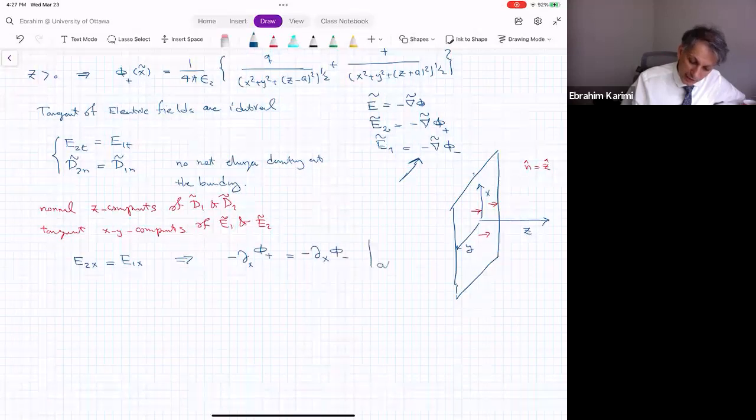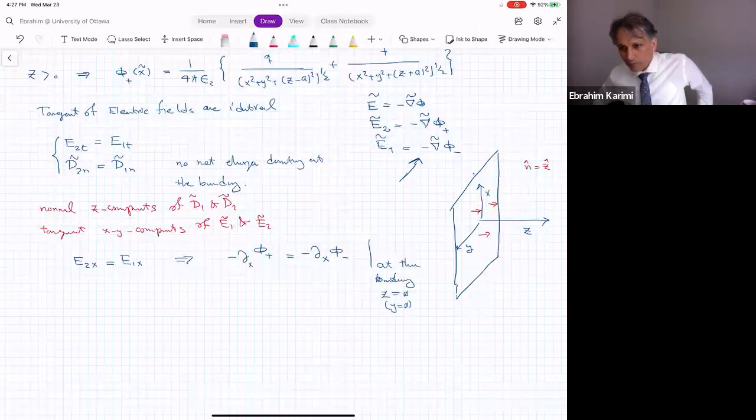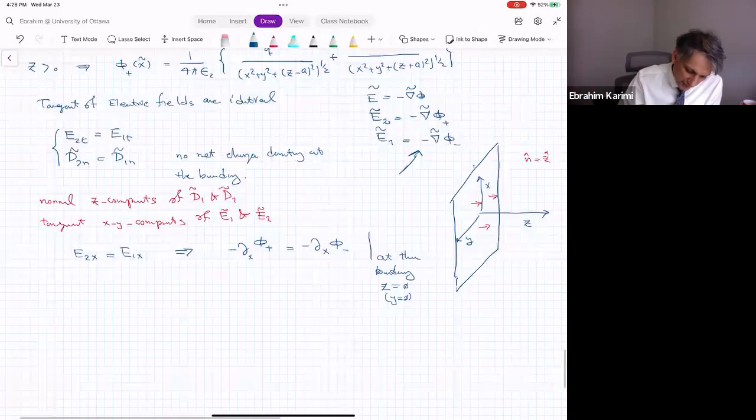Where? At the boundary. Where is the boundary? At any place where z is equal to 0. Essentially z, but I also consider y to be 0 for simplicity. Z equal to 0, and in parentheses, y equal to 0. Good? Perfect. That's the first boundary condition.